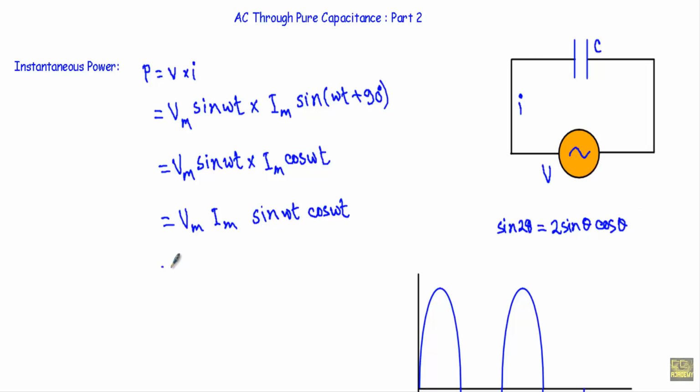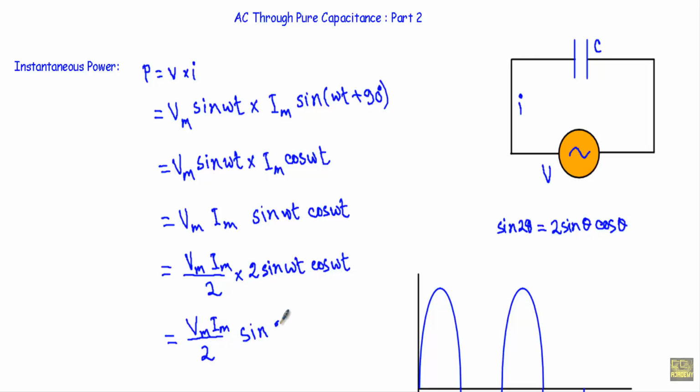So if I take Vm Im by 2 and multiply that with 2 sin omega t cos omega t, I will get the instantaneous power Vm Im by 2 into sin 2 omega t. This is the equation of our instantaneous power small p.